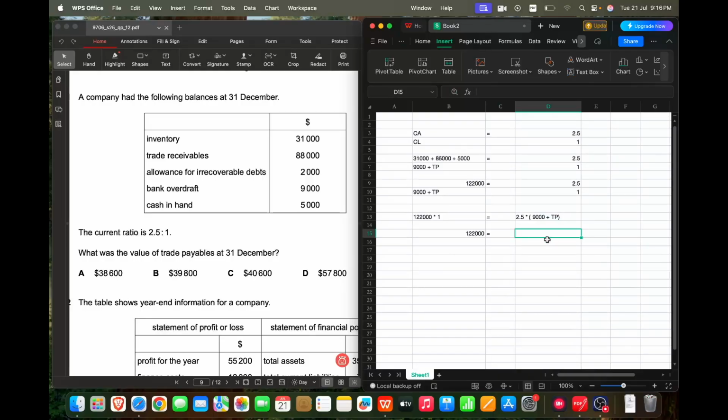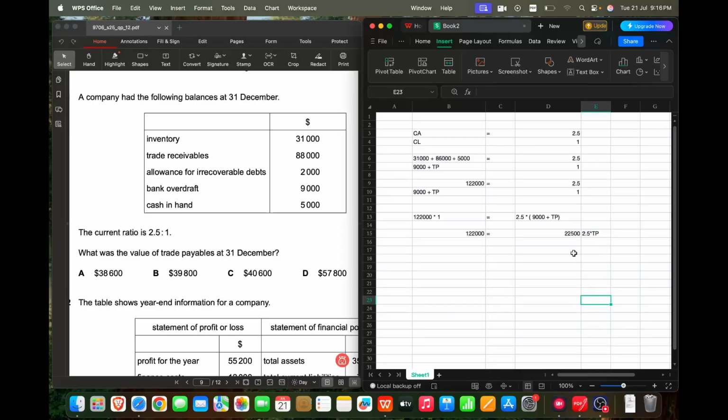2.5 into 9,000, that is 22,500, and then plus we'll have 2.5 into trade payable. Let me write down trade payable.